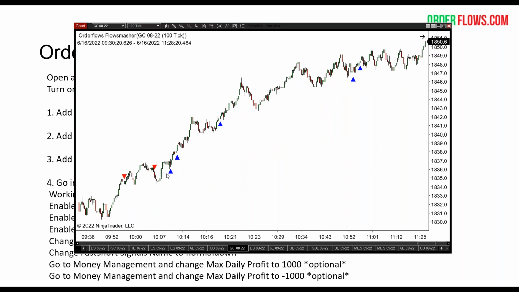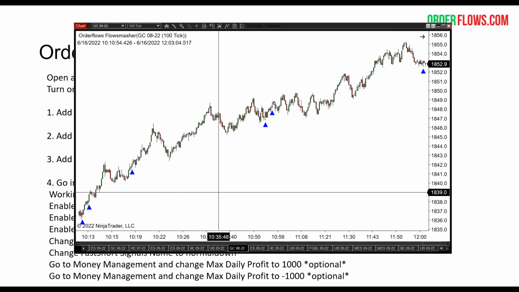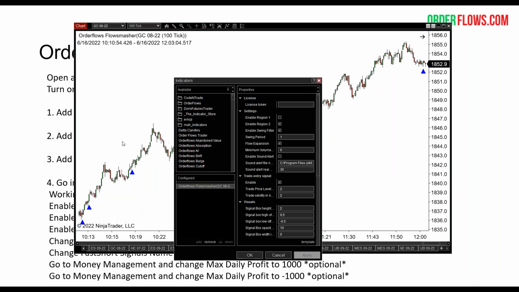You get a small little trade here, but again, 1838 in here, right? This is 37 actually, 37.30 right in here, all the way up into the 50s and higher. And I think this one's region 2 with the swing filter on and flow expansion.